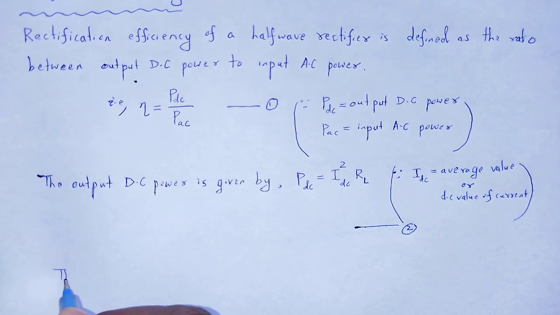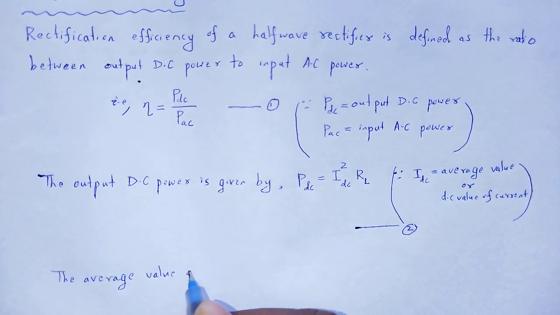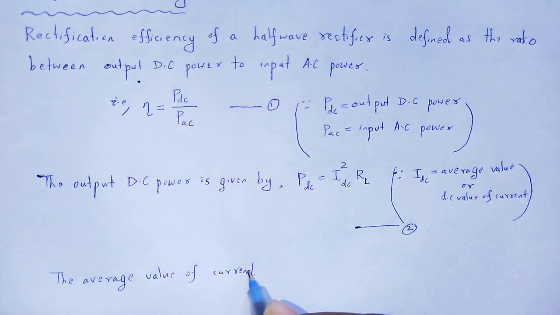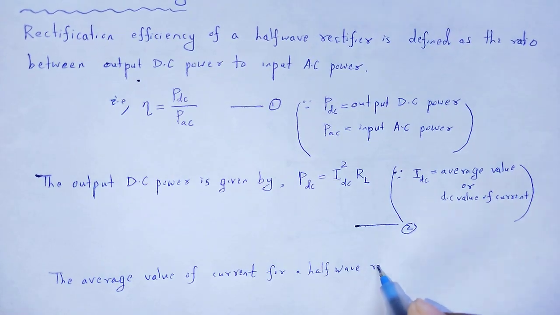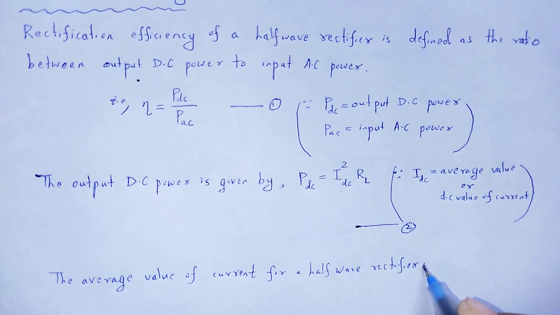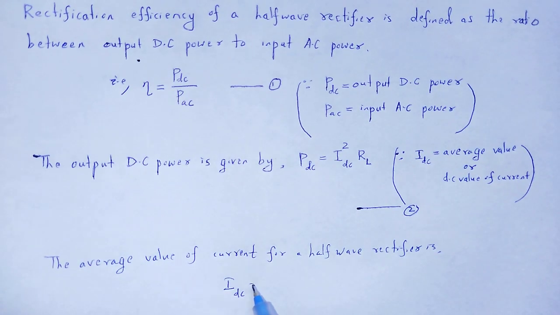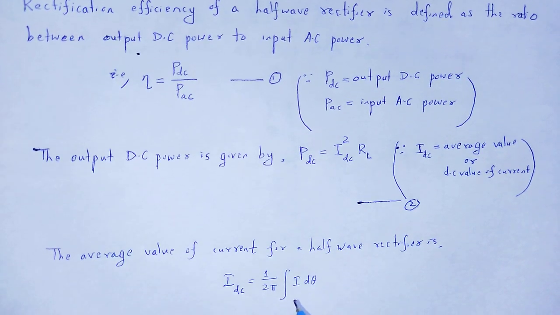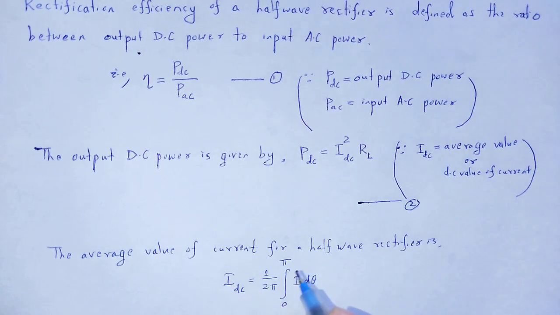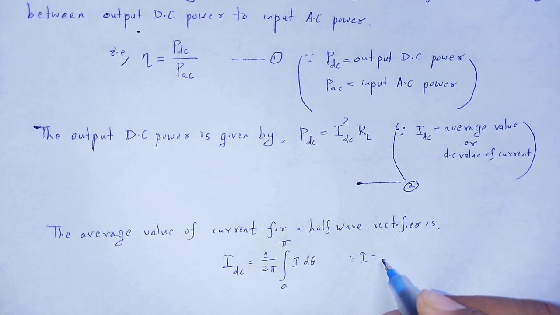The average value of current for a half wave rectifier is given as I of DC is equal to 1 by 2 pi integration of I d theta, theta from 0 to pi, where I is the instantaneous current.